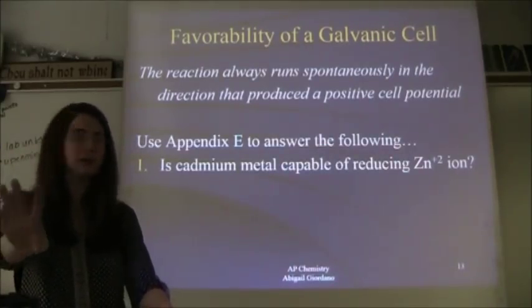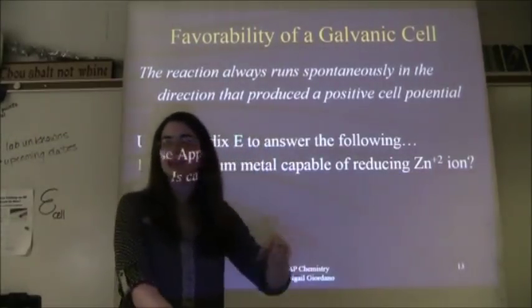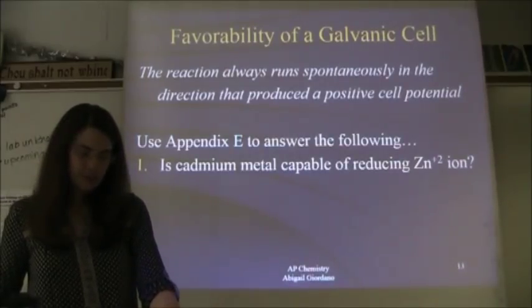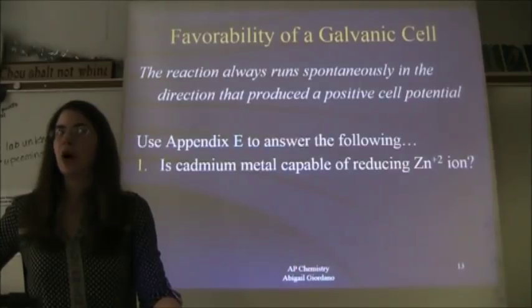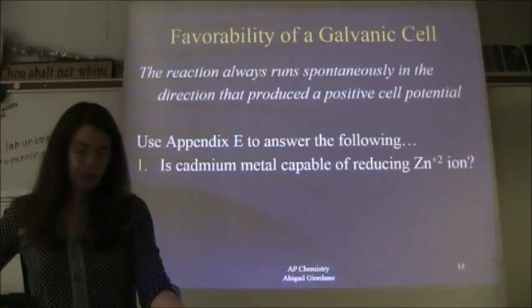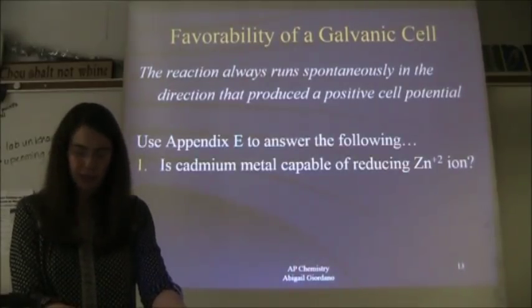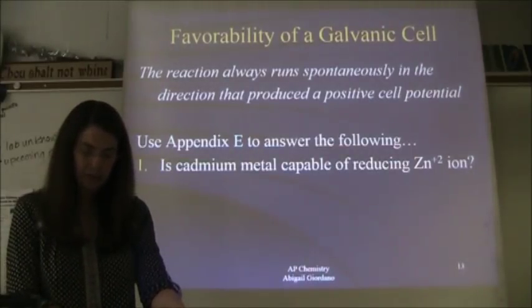Okay, great. Keep that in your mind. Don't move your finger. Find zinc plus 2. It's the very last one. Is zinc plus 2 on the reactant side? Yes or no? Yes. And it needs to be. Now look at its number, negative 0.763.